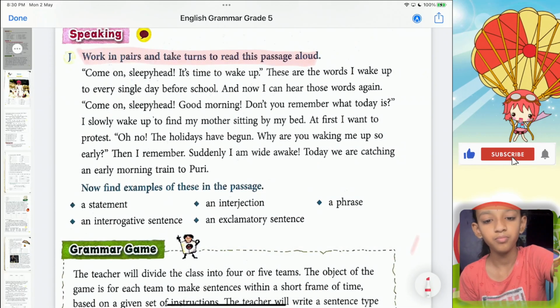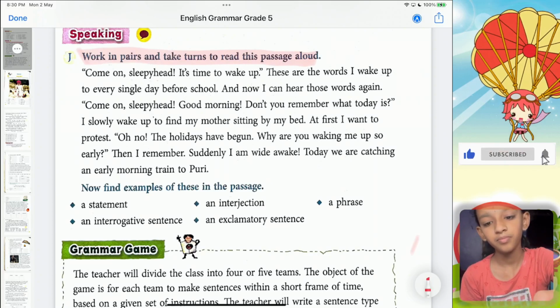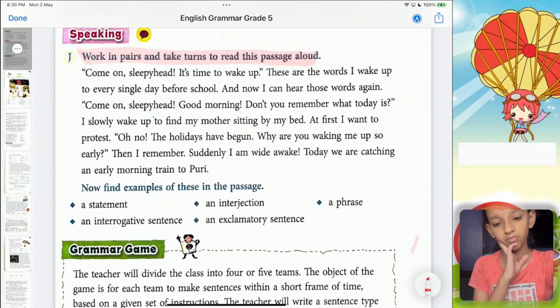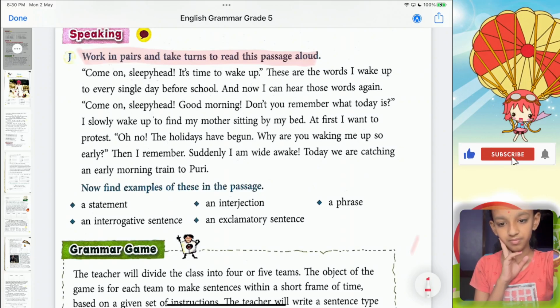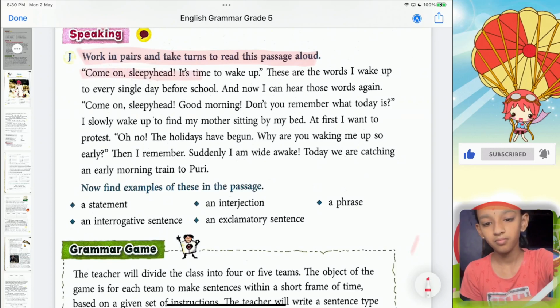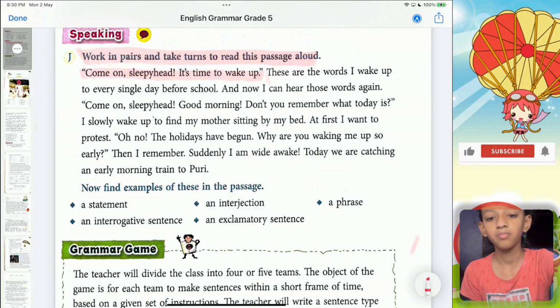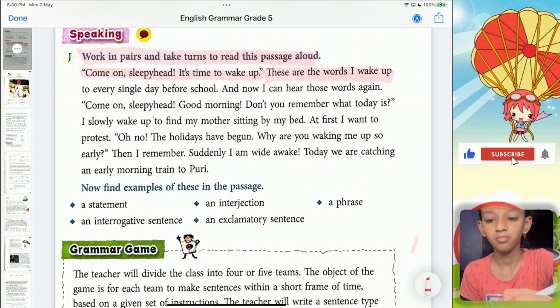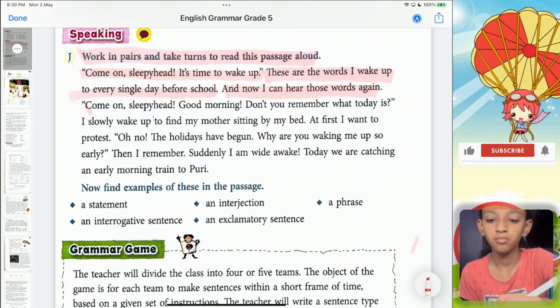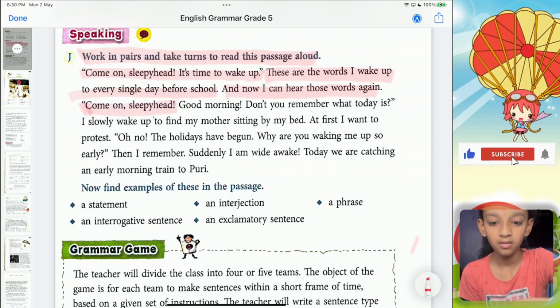Come on, sleepyhead, it's time to wake up. These are the words I wake up to every single day before school. And now I can hear these words again. Come on, sleepyhead, good morning.